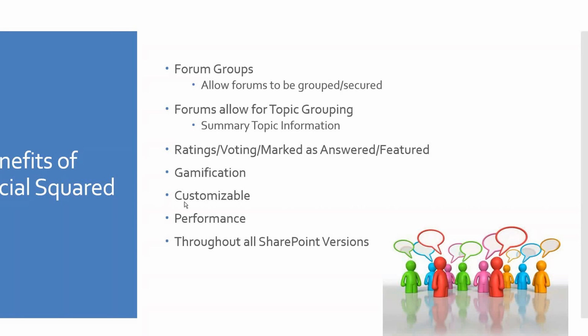So if you are looking at branding Social Squared, then we provide you the ability to completely customize the images, customize the look and feel through CSS, and the user controls can also be customized. So if you don't like one of our links, you can remove it, or if you want to add something else, you can add that too. It's just very simple using the RCX controls.